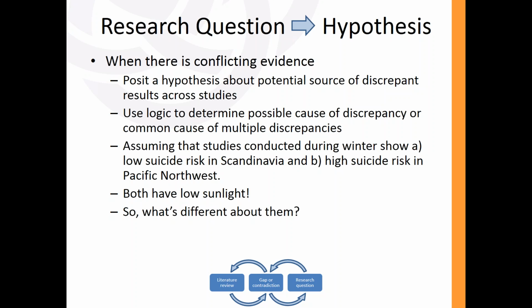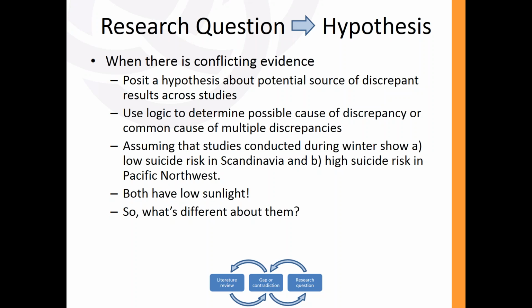And Scandinavia being, you know, like Norway, Sweden, Iceland, all these places that are up in the northern latitudes. They both have low sunlight, right? So we kind of already know a little bit about both of them. They have low sunlight, so the whole theory here, looking at the research question of lack of sunlight being related to depression, or rather suicide, I guess.